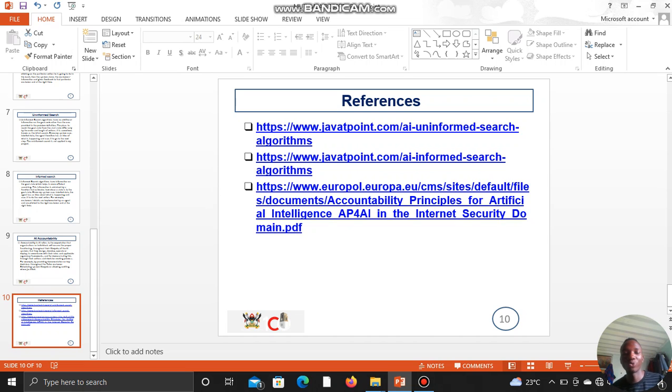When I say optimal solution here, I mean the solution with the least cost among other solutions. So my aim is creating an optimal solution.